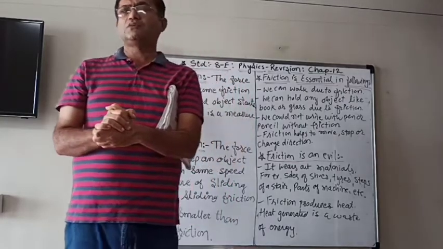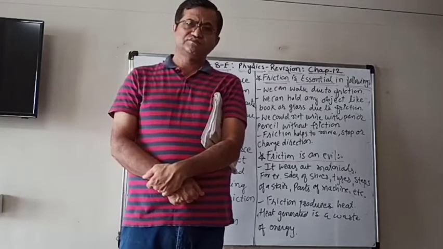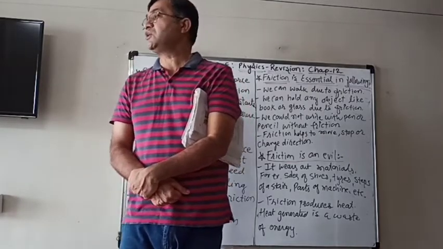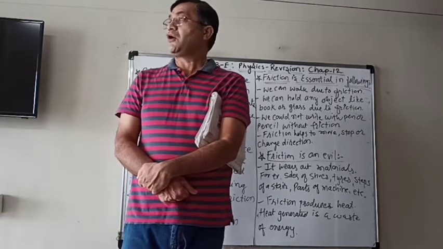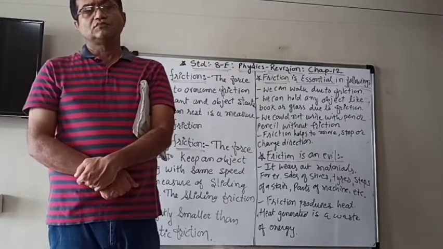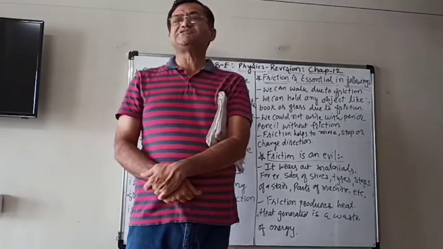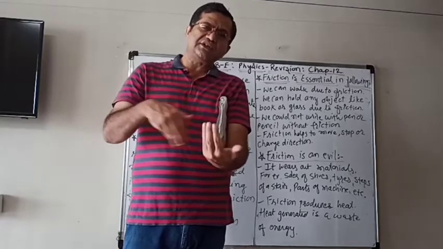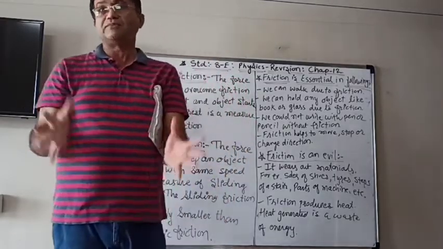For example, if you press your brakes very hard, then sometimes when you see vehicles going on the road, the tire will be very hot. Similarly, when we switch on the mixer grinder, because of the friction between the thing we are grinding and the blade, it becomes hot.